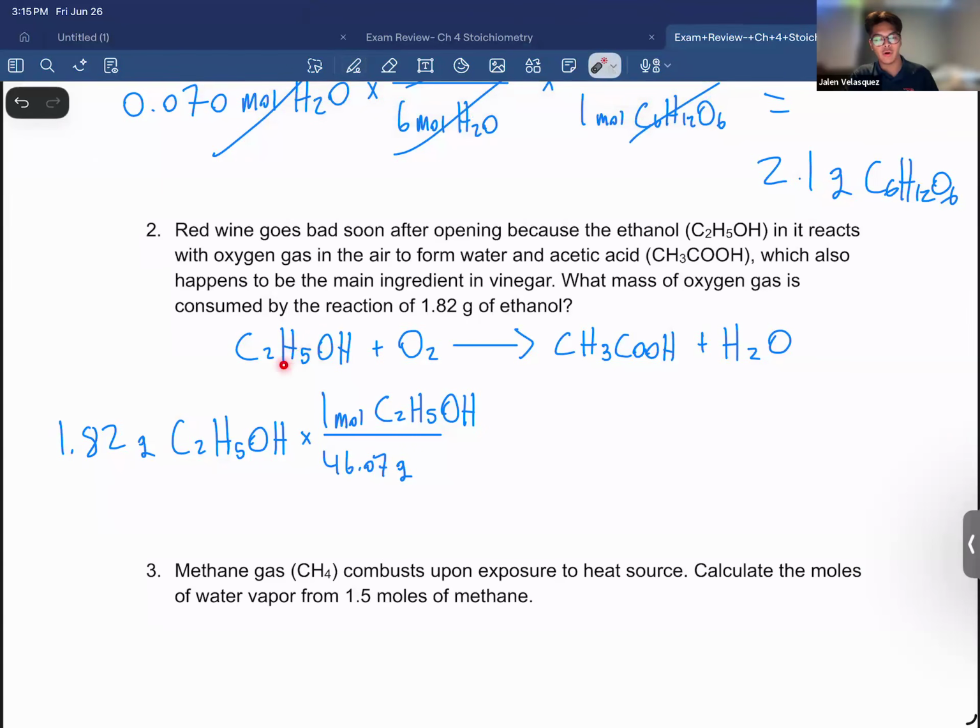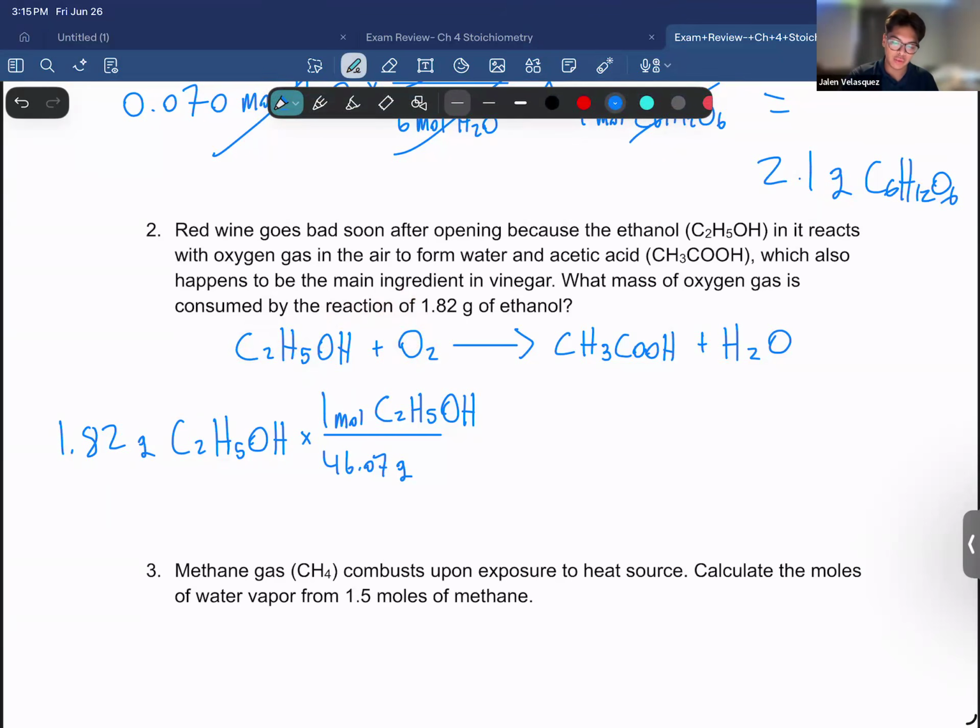So now that I'm in the moles of ethanol, I can use that to get to the quantity of oxygen, right? So we'll use the molar ratio to go from moles of ethanol to the moles of oxygen. And we just happen to have a 1-to-1 ratio, right? And let's just cancel the units as we go.